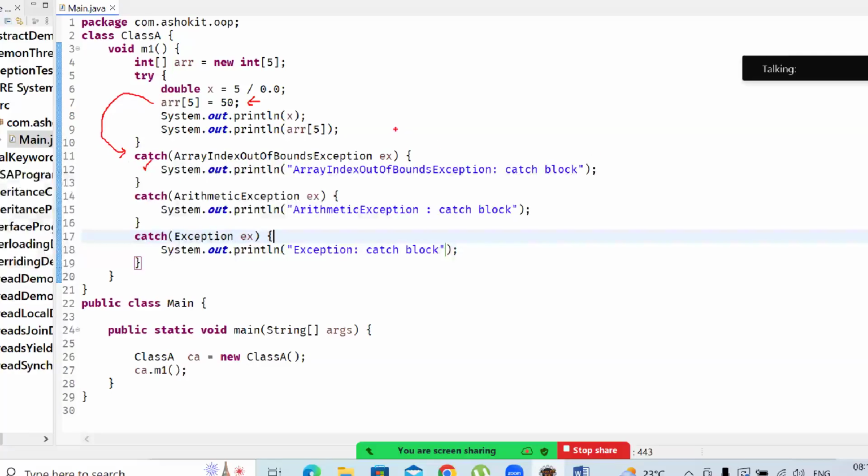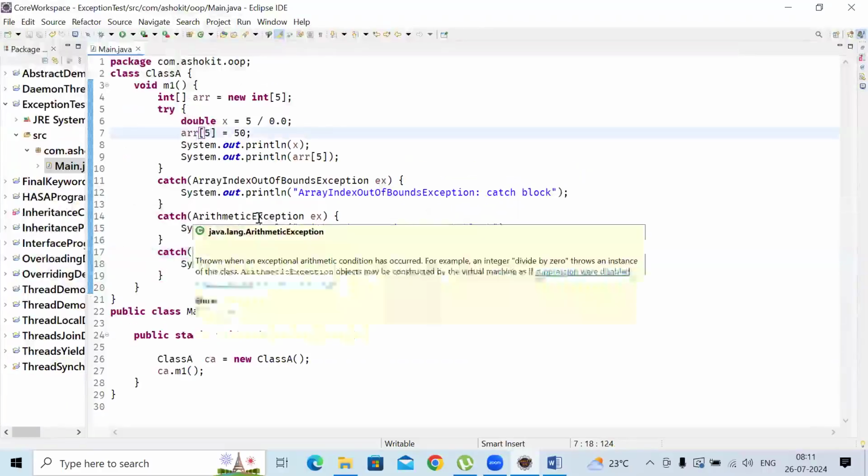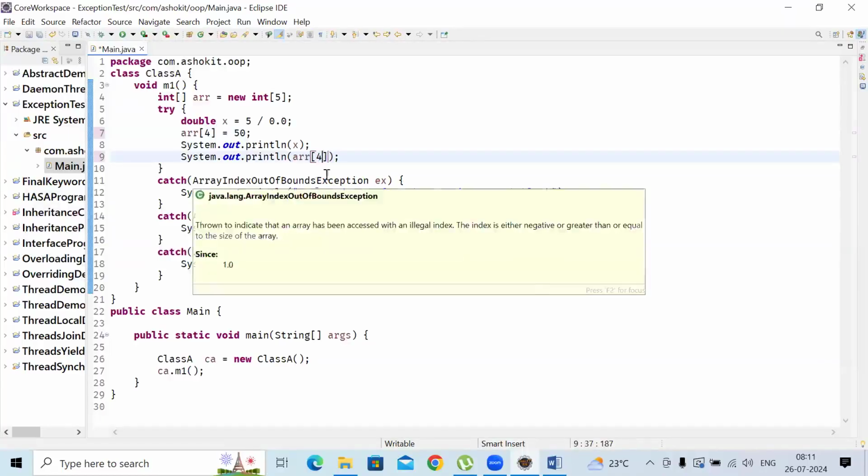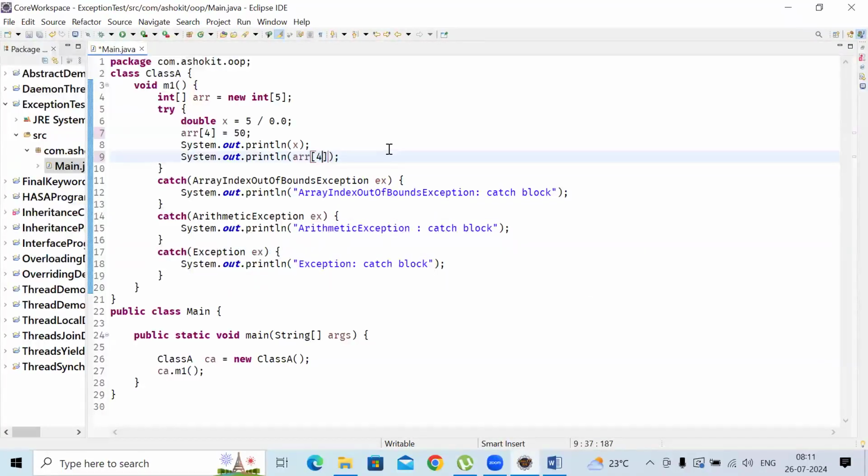Okay, next I will go ahead. I will explain the next point. See here, guys. Everybody understand? This is arr[4] = 50.